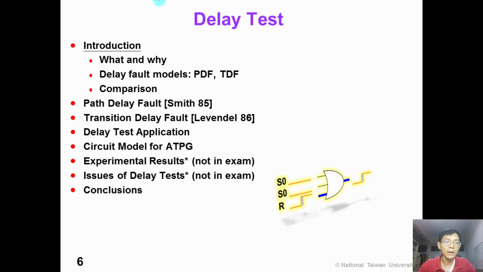This is the outline of this chapter. First, we will give an introduction, and then we will introduce path delay fault and the transition delay fault in details. Then we will talk about how to apply delay test to sequential circuit.